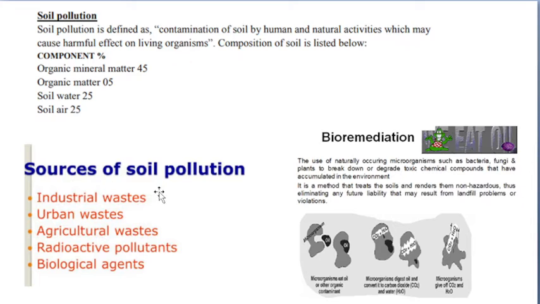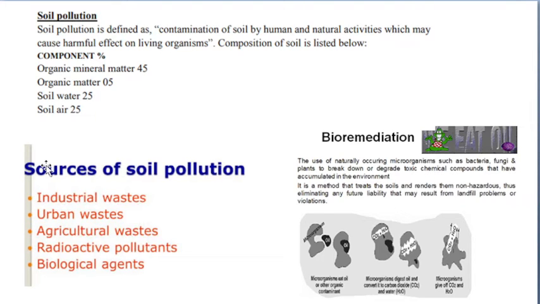Okay, so these are the major sources of soil pollution. So if soil is polluted, then it will affect the microorganisms, it will affect the crop quality. Okay, and it will affect the biogeochemical cycle, it will affect the growth of your plants.